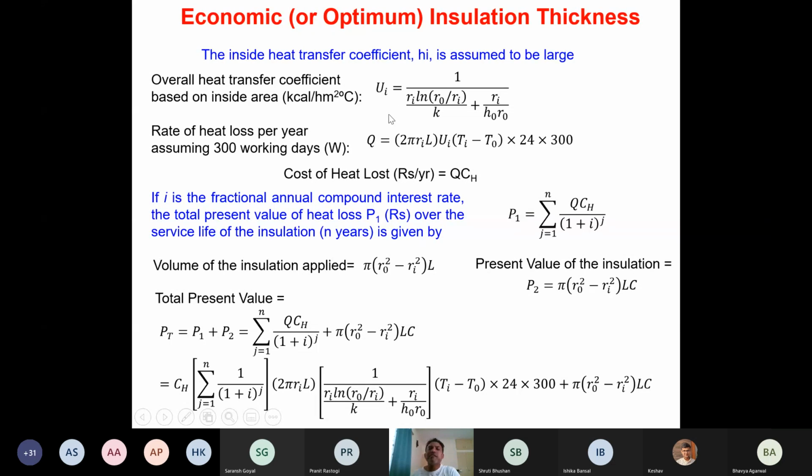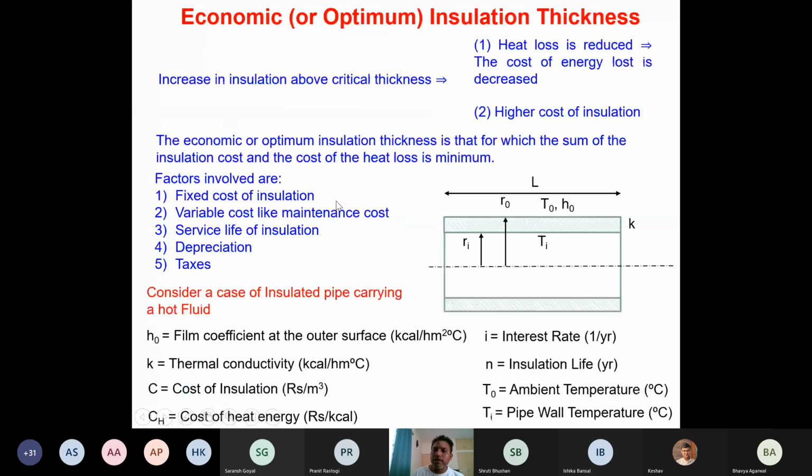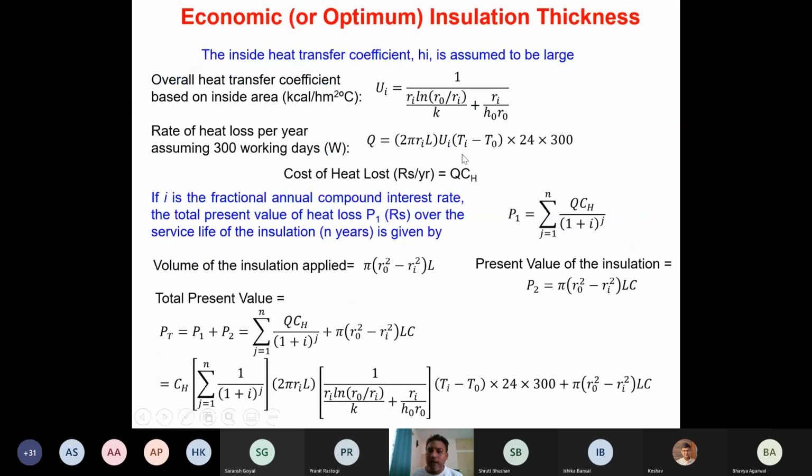And this is defined in terms of the inside surface area. So the rate of heat loss is given as area, which is 2 pi Ri L, into UI into delta T. So this becomes Ti minus T naught. Remember, Ti is the metal wall temperature, whereas T naught is the ambient temperature.